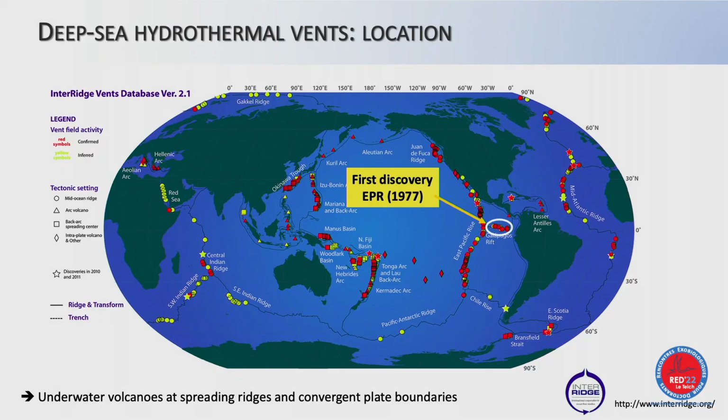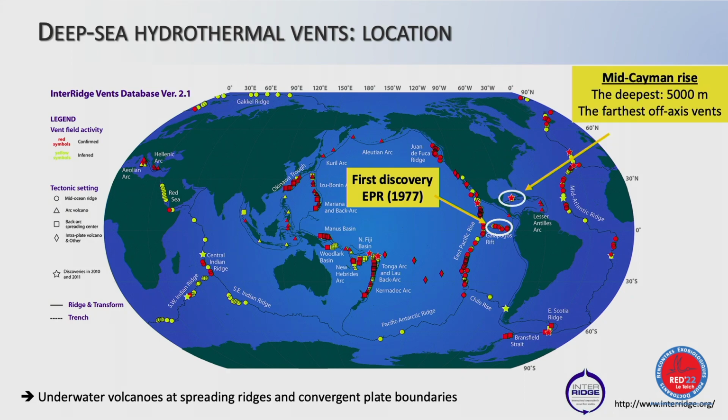As an example, we know only 5% of the ocean floor on Earth, and we know better, for example, Mars or the moon surface. So we still have some work to do to better know the ocean floor.